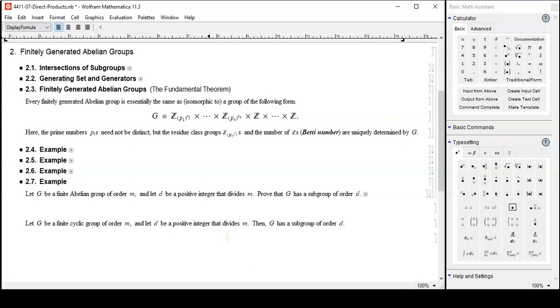So it goes kind of like this: G is a cyclic group of order M, and then let's see, D divides M, then there exists a subgroup H such that... this one we did.